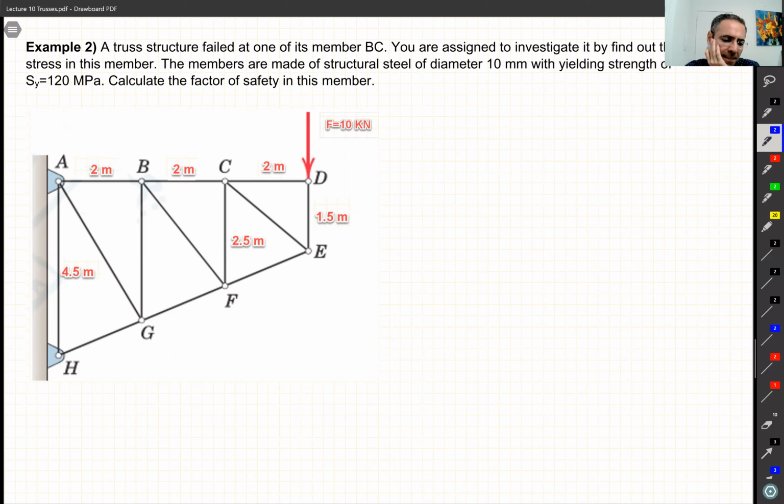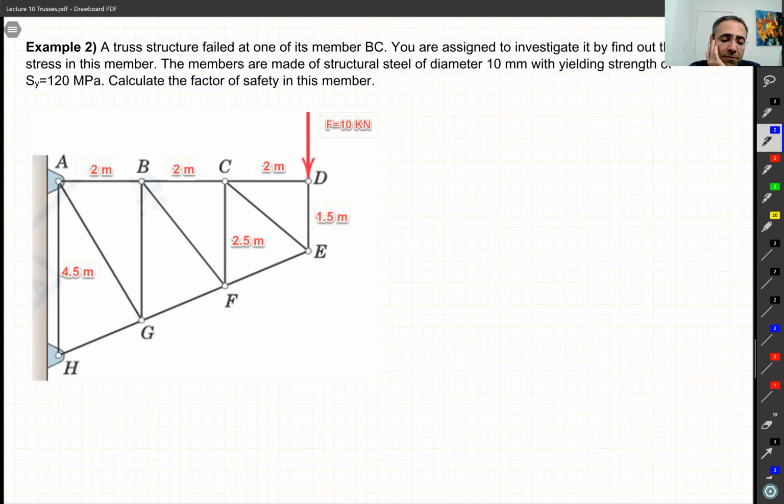So basically in this truss, we are just interested in one member, BC. We don't care about the rest because the question says that it failed at BC and we want to know the factor of safety in this member.